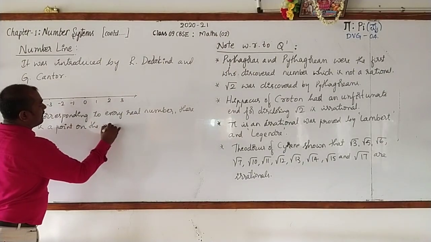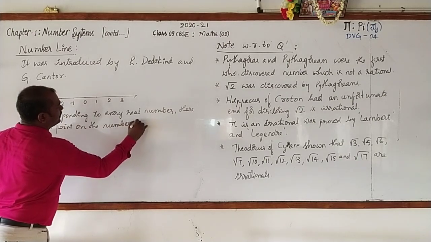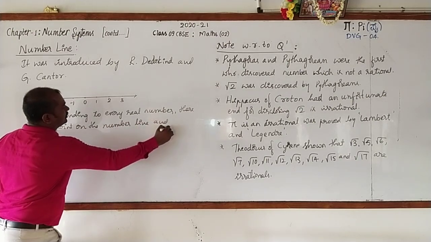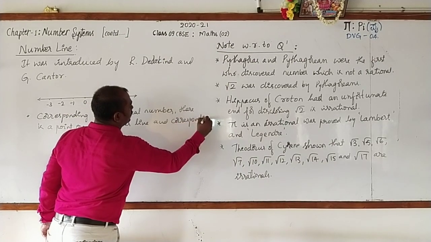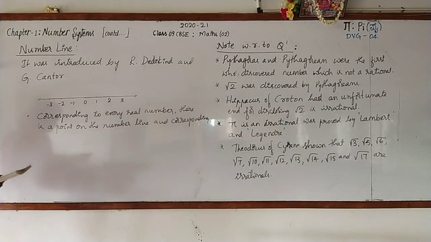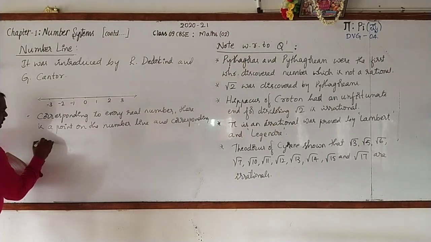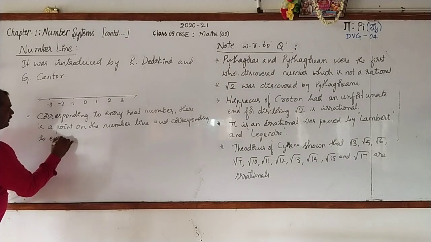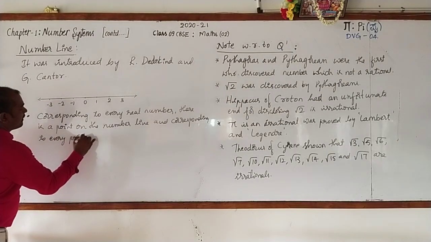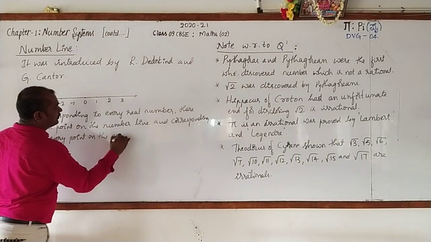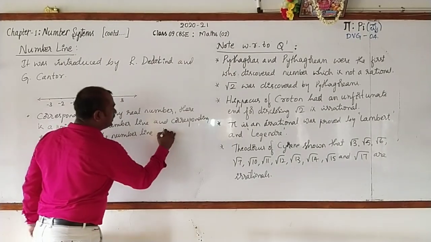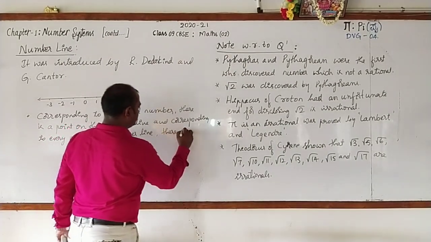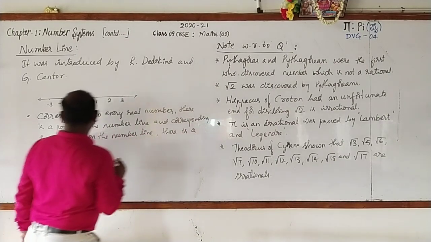On the number line, corresponding to every point on the number line, there is a real number.